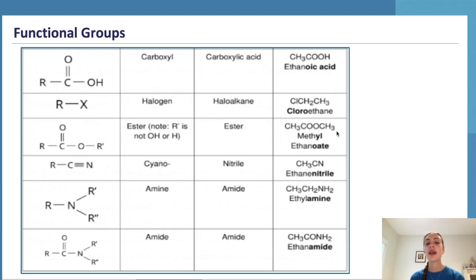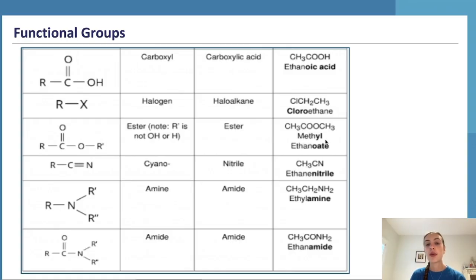That's saying that the methyl group is the part of the molecule which is attached after the C double bonded O single bonded O. So it's like the leftover part of the molecule, and then the ethanoate part is what we call the main chain of the molecule, the part at the front which is connected to the carbon with the double bonded oxygen.